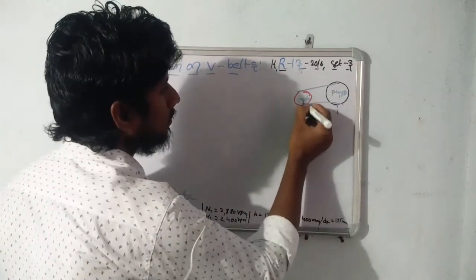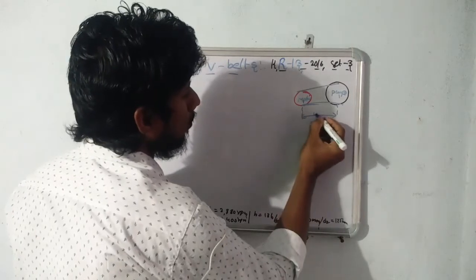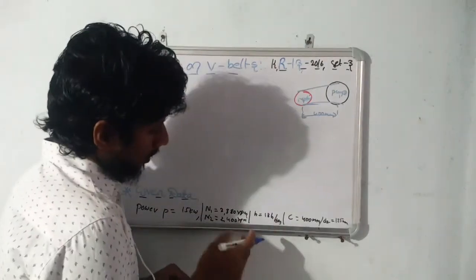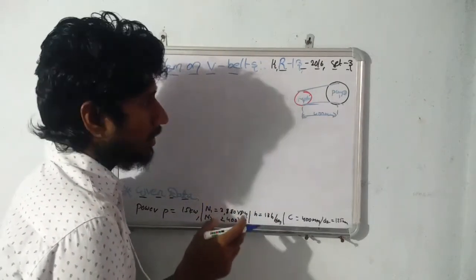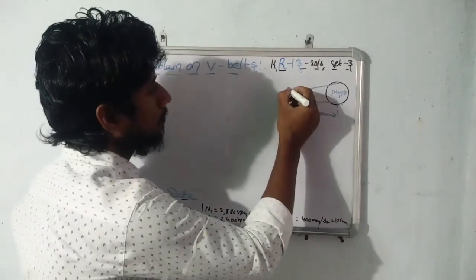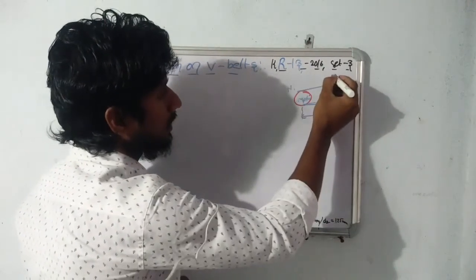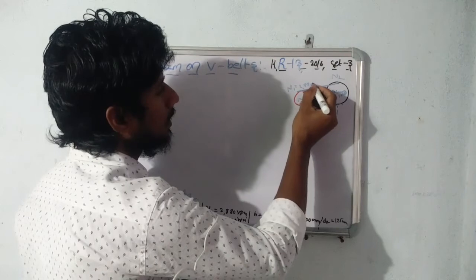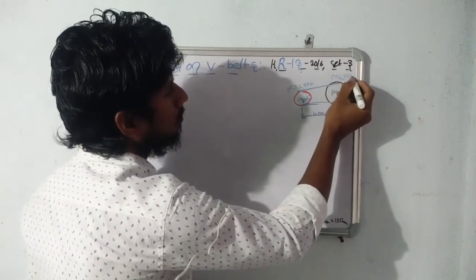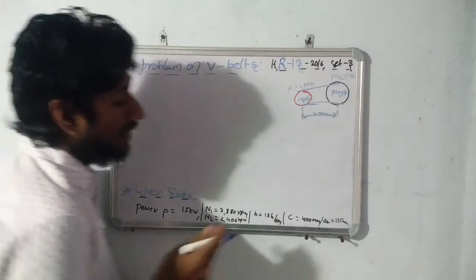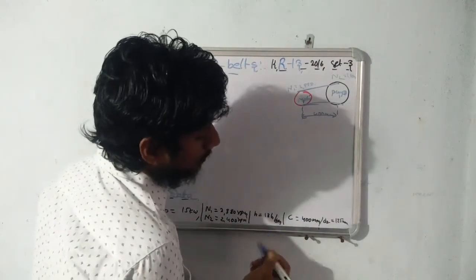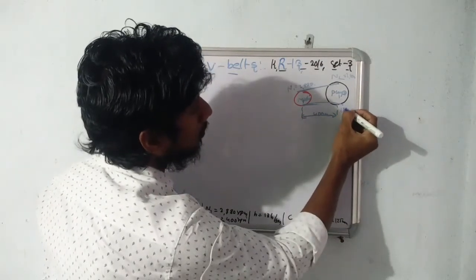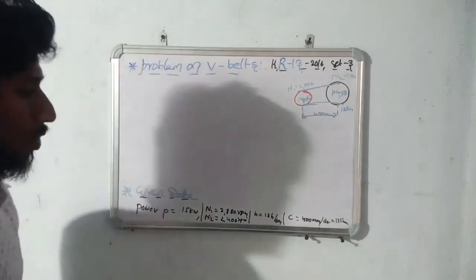The center distance here is given as 400 mm, and here we have the two speeds of the pump as well as the motor. The speed of the motor is N1 and the speed of the pump is N2. Here N1 is 2880 rpm, and this one is 2400. And here we have one more value, the diameter of the driving pulley, 125 mm. So this is about the given data.